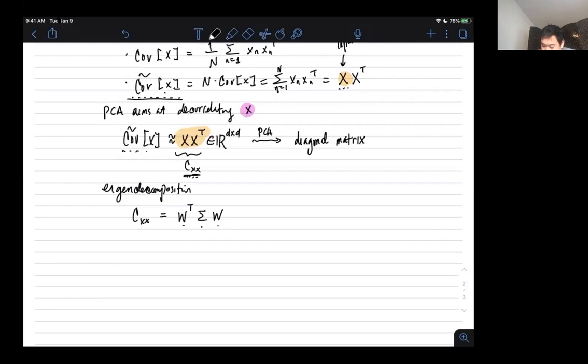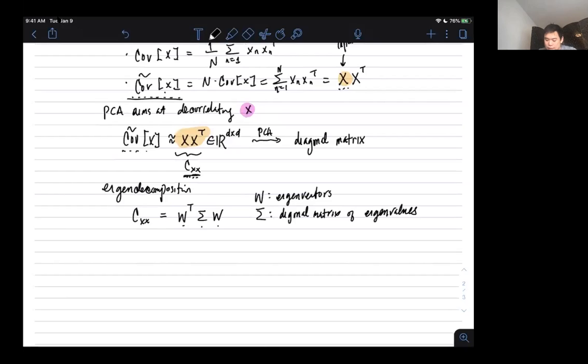More specifically, in this eigen decomposition, W consists of eigenvectors, and sigma is a diagonal matrix of eigenvalues. So we use the identity that any square matrix can be decomposed into the eigenvector matrix transpose times the diagonal matrix of eigenvalues times the eigenvectors.